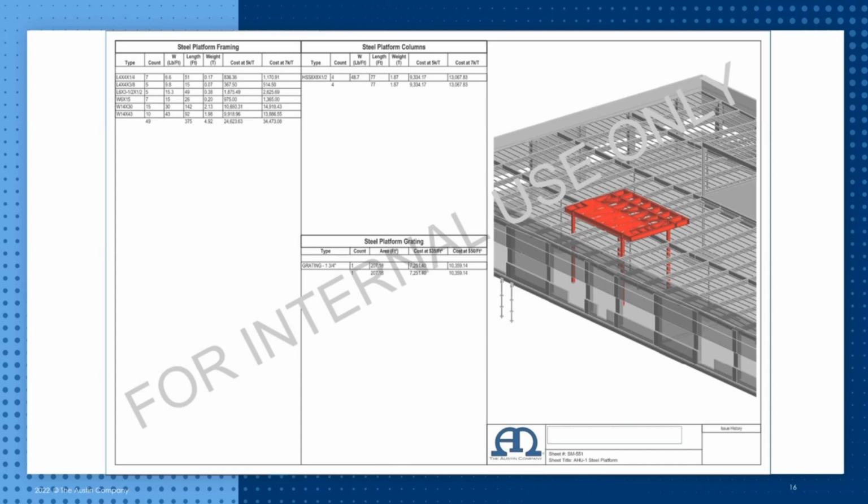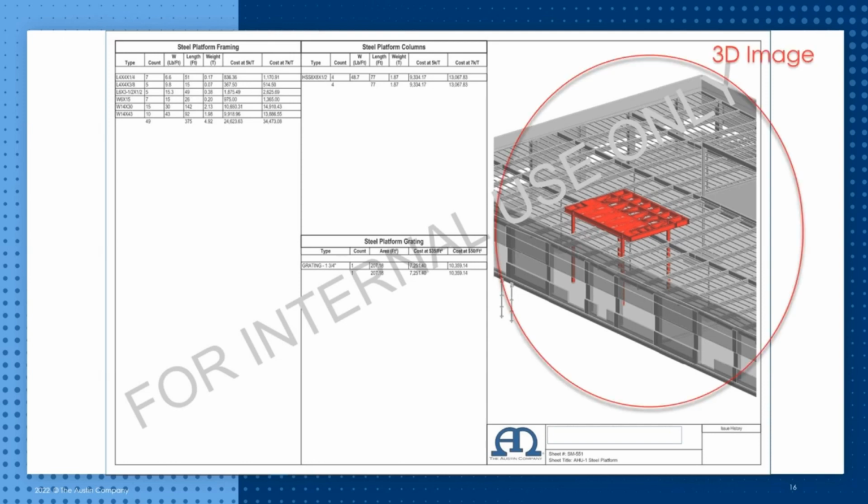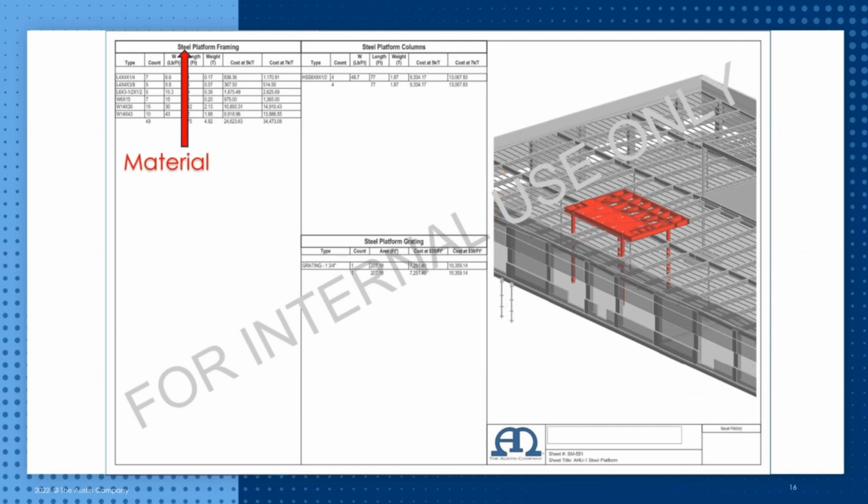Take this example sheet of a Revit BIM Metrics package for a recent project. This sheet focuses on a steel platform which was part of that project scope. Now, this sheet is filled to the brim with information which is a goldmine for anyone wanting to derive an estimate for the project. There's a 3D image, an indication of the material, which in this case is steel.